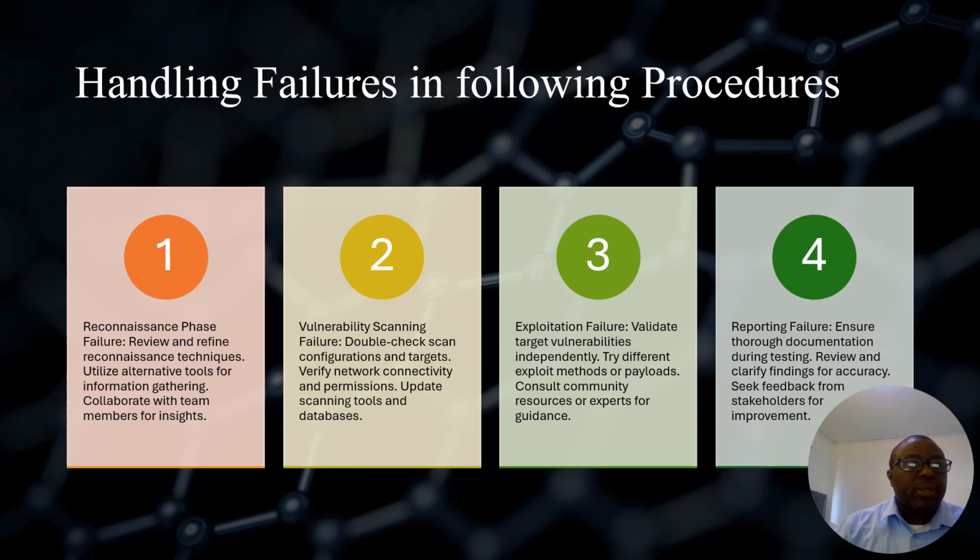For exploiting failure, try different exploit methods or payloads, consult community resources or experts for guidance. For reconnaissance failure, utilize alternative tools for information gathering, collaborating with team members for insight. And the second will be configuring the target, verifying network connectivity, and so forth.